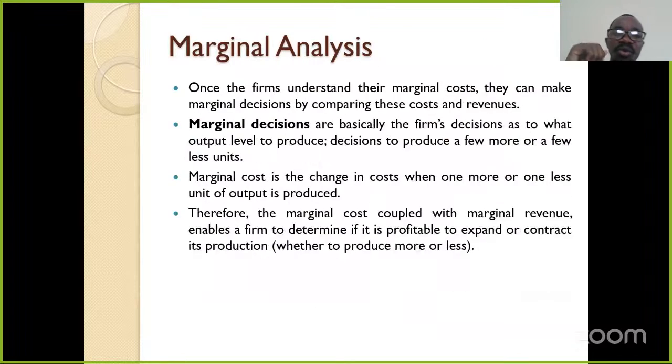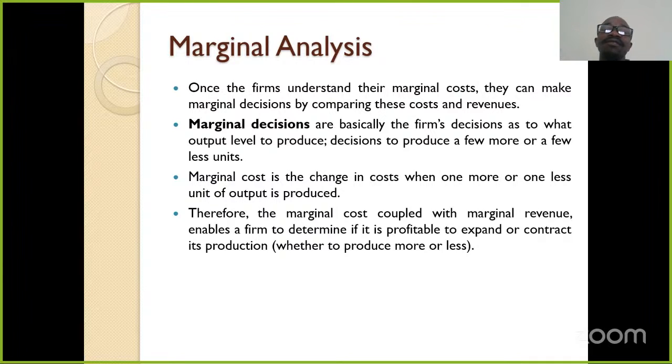Now let's get to marginal analysis. Marginal analysis is the process of making marginal decisions, which are basically the firm's decisions as to what output level to produce, and the decision to produce a few more or a few fewer units.